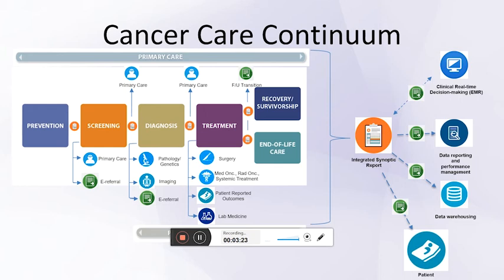It's also more effective for data warehousing to have this breakdown, and it can help support clinical decision making. Ultimately, at CCO, we intend to use it for our reporting and performance management. But this integrated view could be the key to solving all those issues.